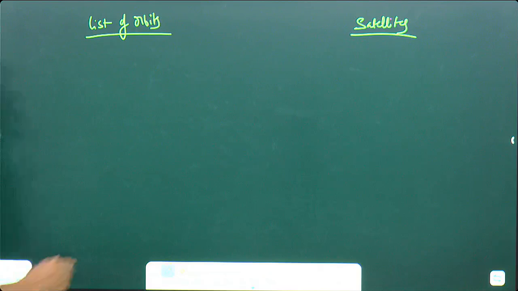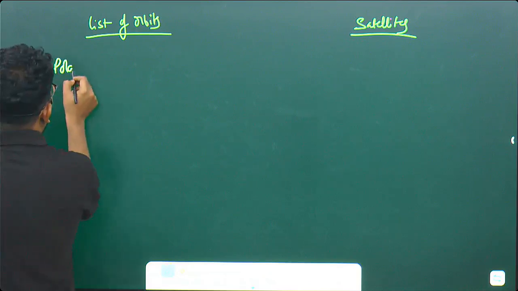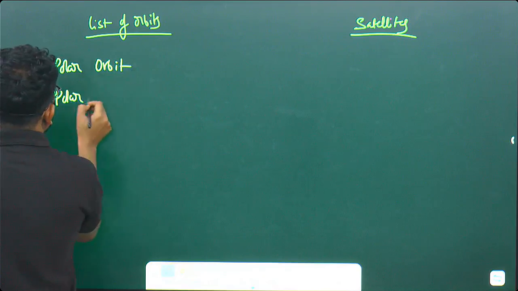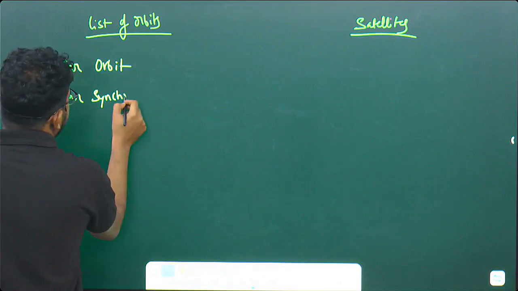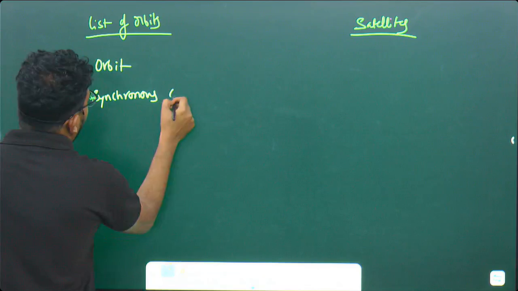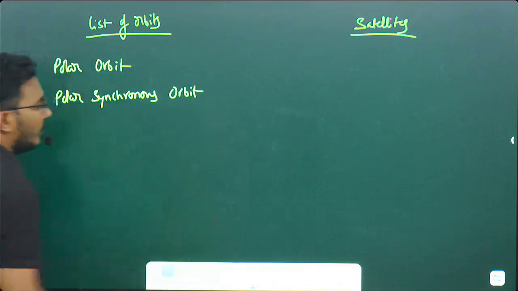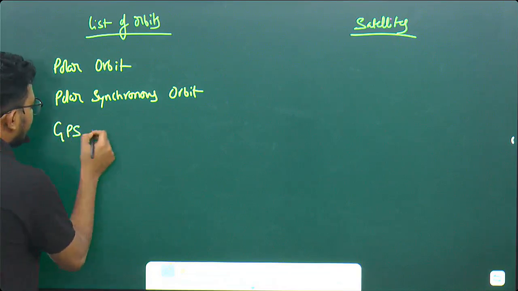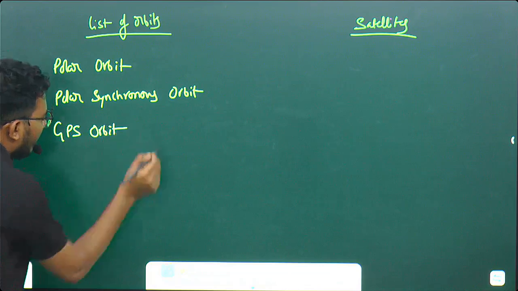Okay, first one, polar orbit and polar synchronous orbit. Third one is GPS orbit.